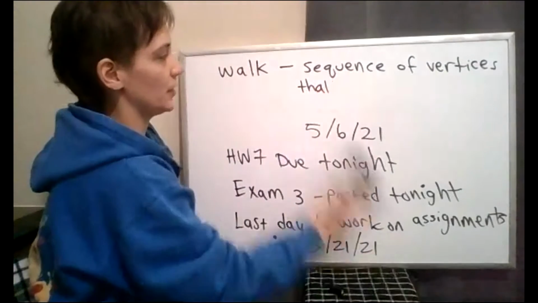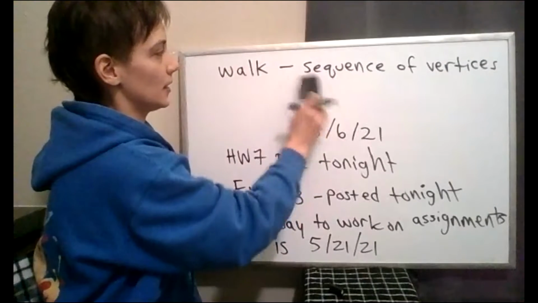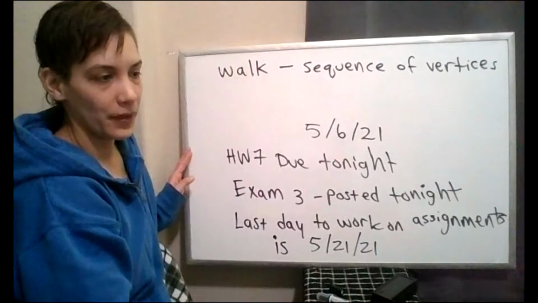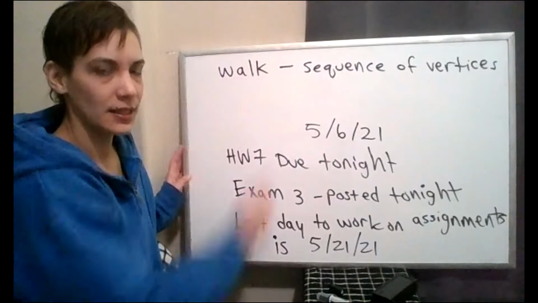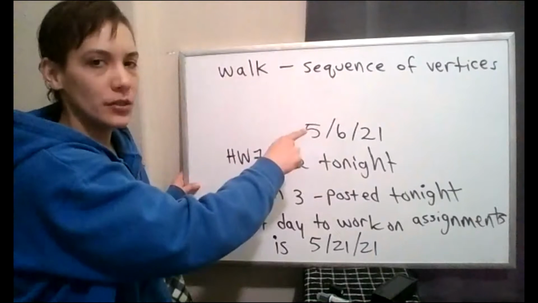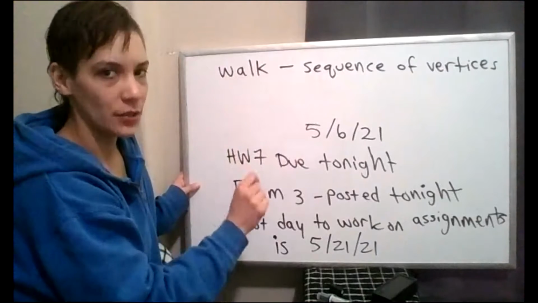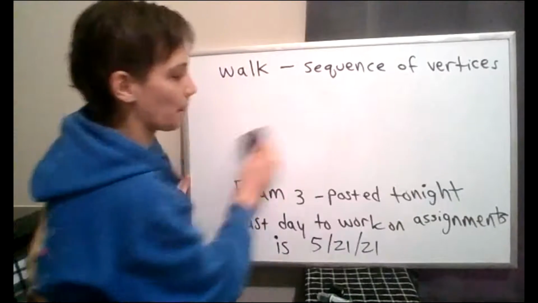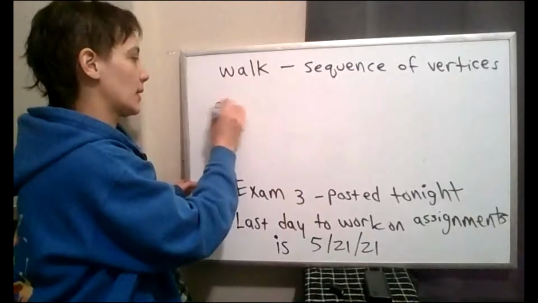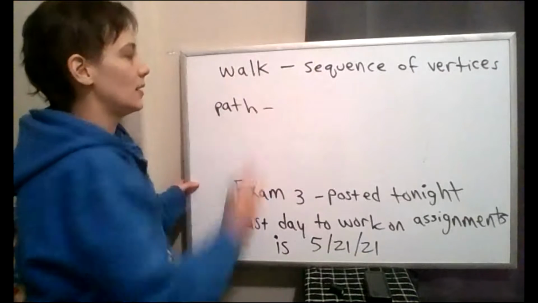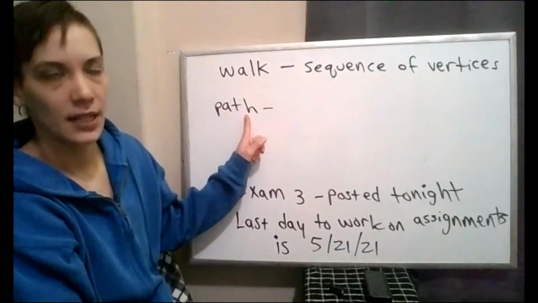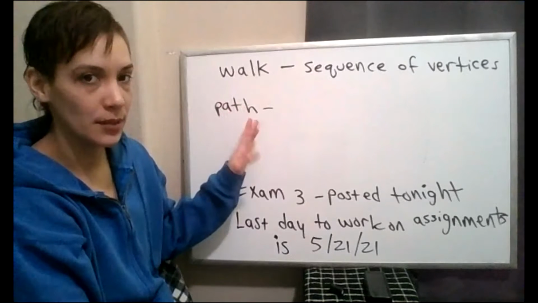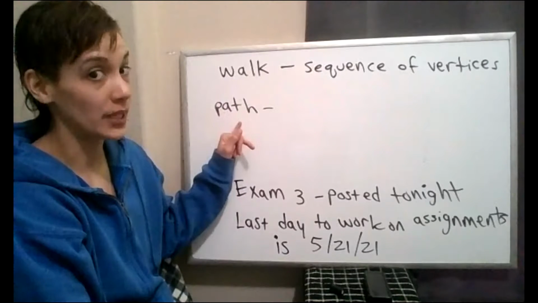I'm just going to put sequence of vertices. Okay, and a path is a walk, but also you use each edge one time. It's okay to use a vertex more than once, but an edge has to be used only once.